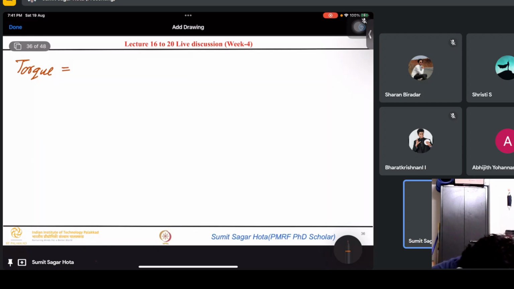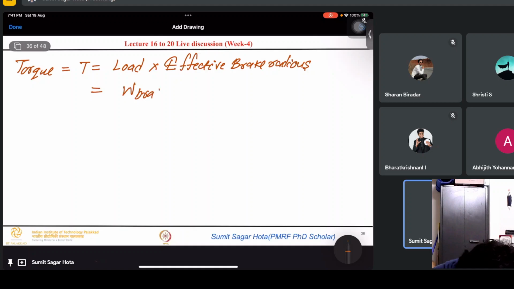Torque T is equal to load into effective brake radius, that means W brake into R brake. 392.4 into 0.3675.